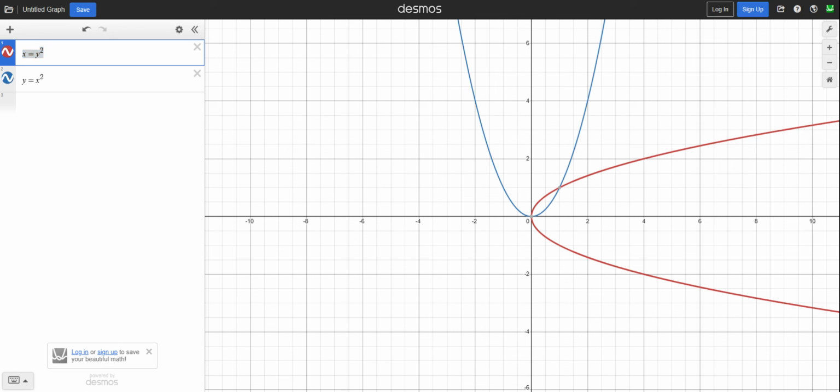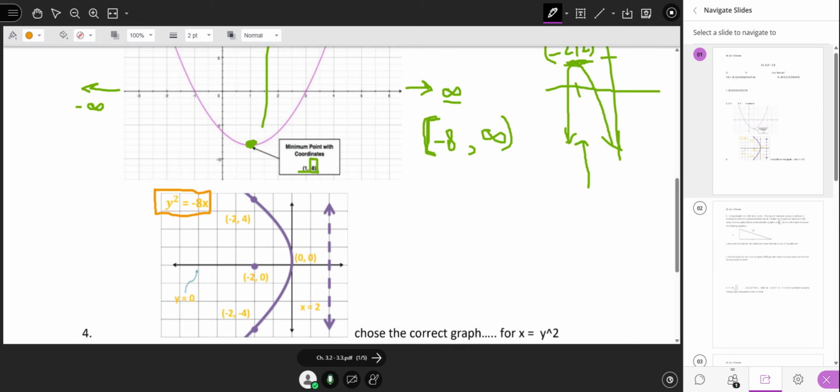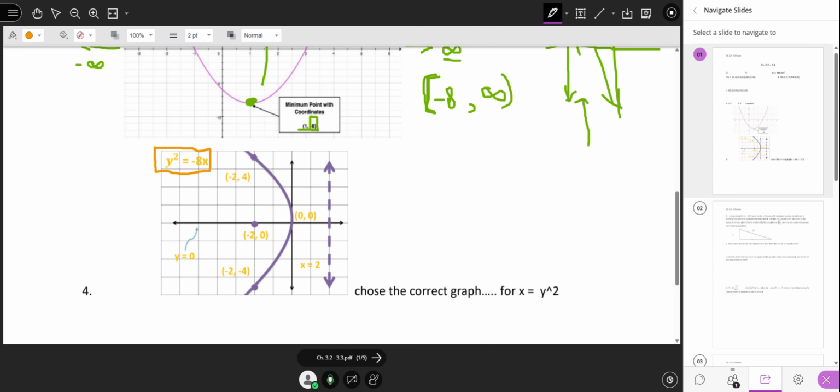By the way, the domain on this one is interesting. Show them the domain on that one. So for the domain, all of your possible x values, it kind of looks like it goes on and on in both directions.